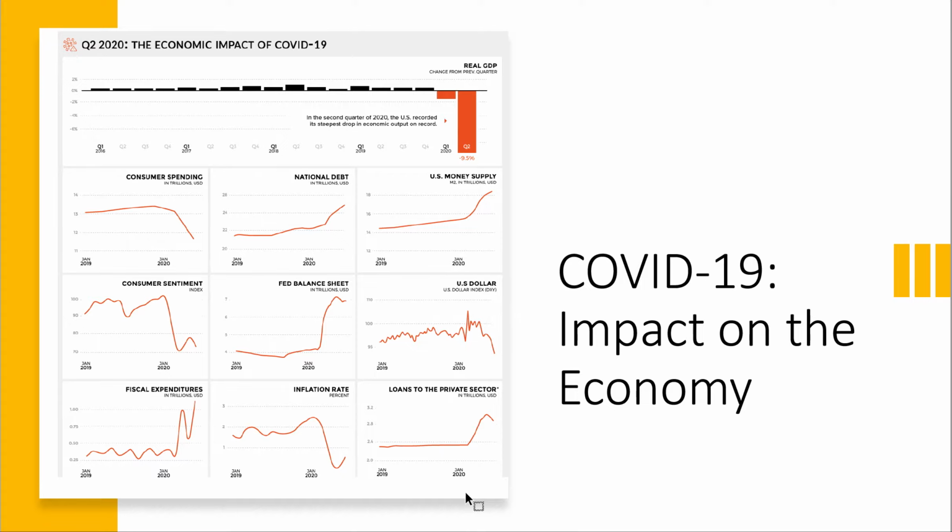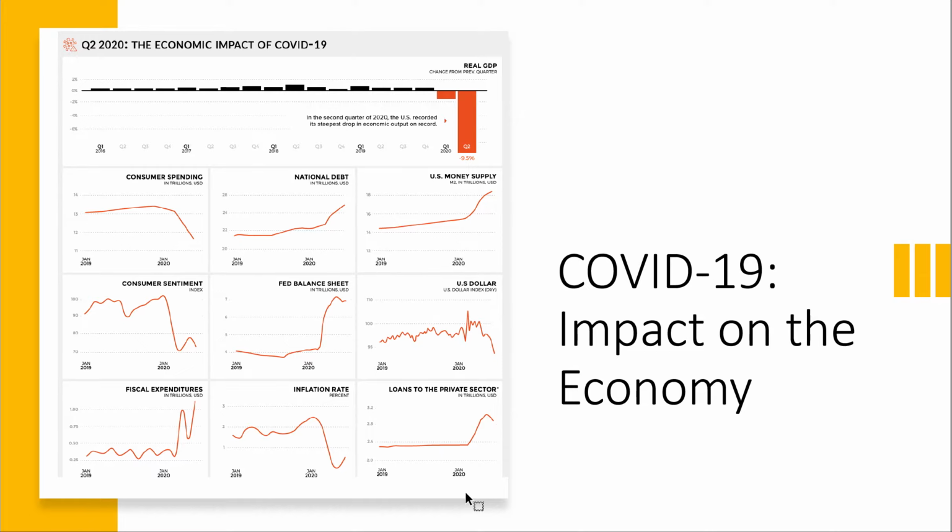National debt, it's gone up because we've been trying to essentially print money to send it out to folks all around the United States so that they can spend it to try to keep businesses rolling, right? So the U.S. money supply is going up. Consumer confidence or sentiment here has fallen significantly.